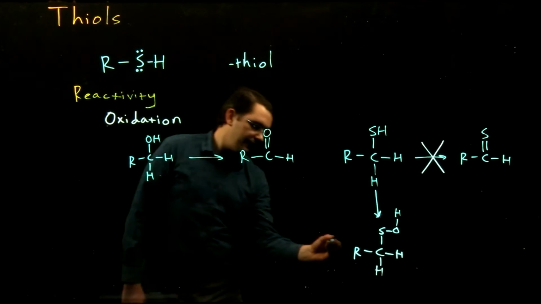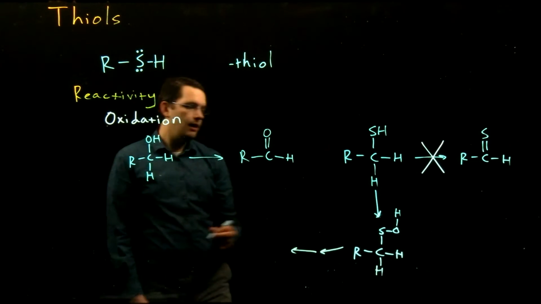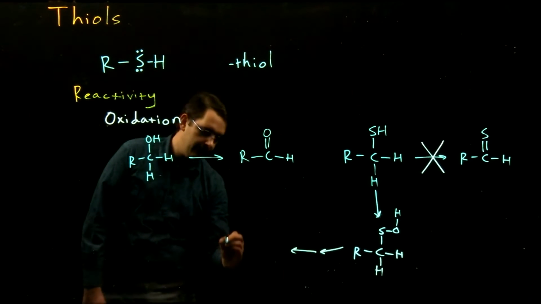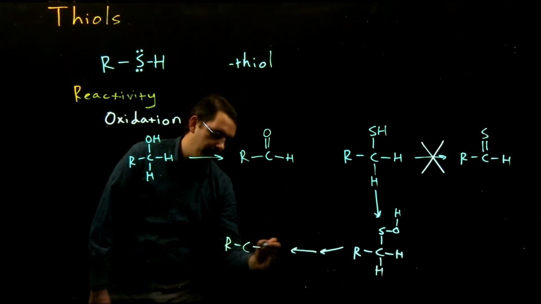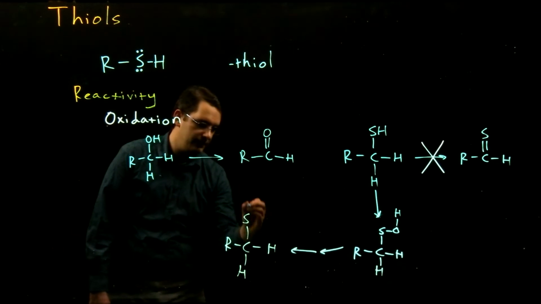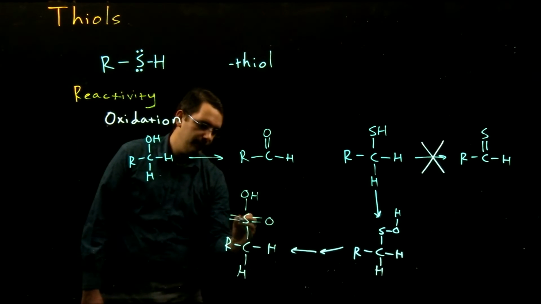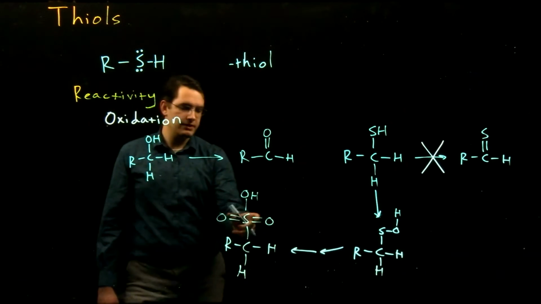As we continue to oxidize our thiol, we're going to continue to add on our oxygens until we eventually create a sulfonate with our multiple oxygens attached to that single sulfur group. So we end up with our 3 oxygens bonded on there.